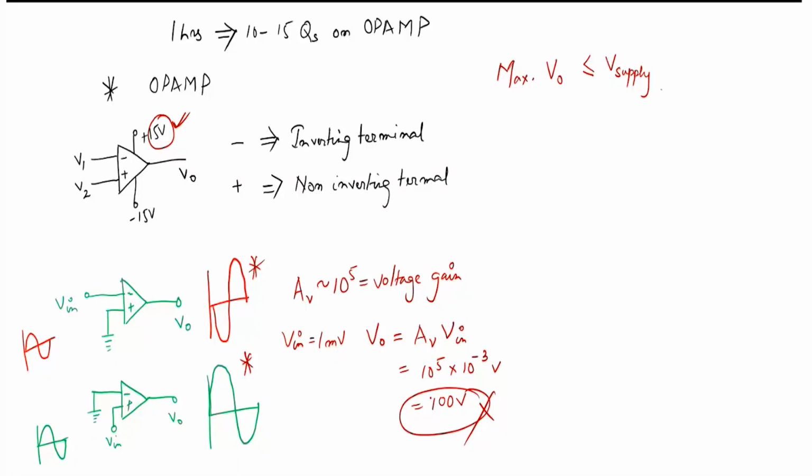So if you give 1 millivolt as the input, the output will saturate like this. Can you understand? And this will be V saturation and minus V saturation. Saturation means the maximum output voltage that the op-amp can give. Fine. Are you able to understand this?